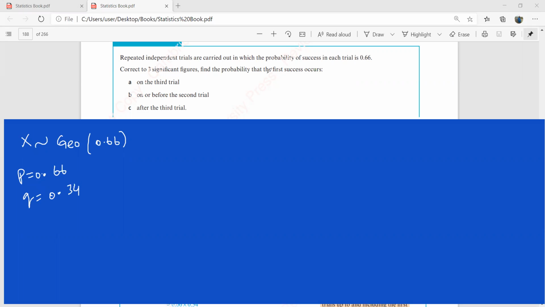It says find the probability that the first success occurs on the third trial. Look at the wording: the first success occurs on the third trial. So this means we have to find probability X equal to 3. The formula is that when X is geometrically distributed, probability X equal to r is q raised to the power r minus 1 times p.